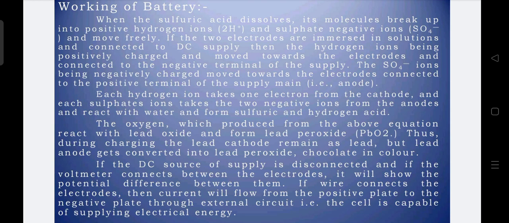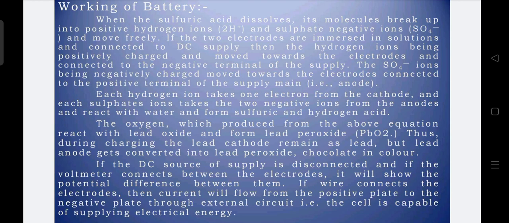Each hydrogen ion takes one electron from the cathode, and each sulfate ion gives up two negative charges at the anode and reacts with water to form sulfuric acid and hydrogen.